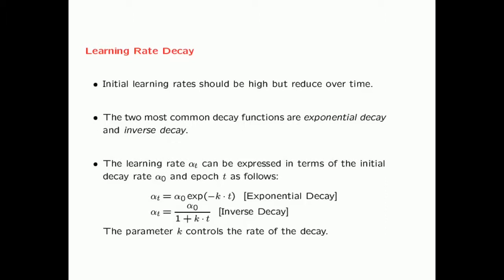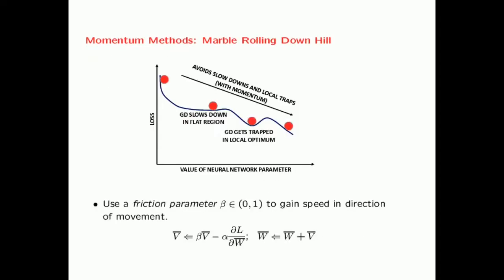So as you can see, in both these cases, as t increases, the value of alpha t reduces with time. In other words, the learning rate decays with time, and the successive step sizes are smaller. Now we note that some gradient descent methods automatically incorporate this type of reduced step size within the algorithm itself, and in those cases decaying the learning rate may not be required.